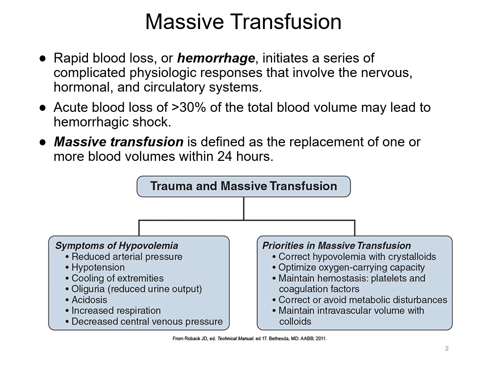You will have increased respirations, and then decreased central venous pressure. So a variety of systems within the body are starting to respond to this rapid blood loss. In order to prevent that, we want to try to infuse the patient with blood products in order to maintain that volume.